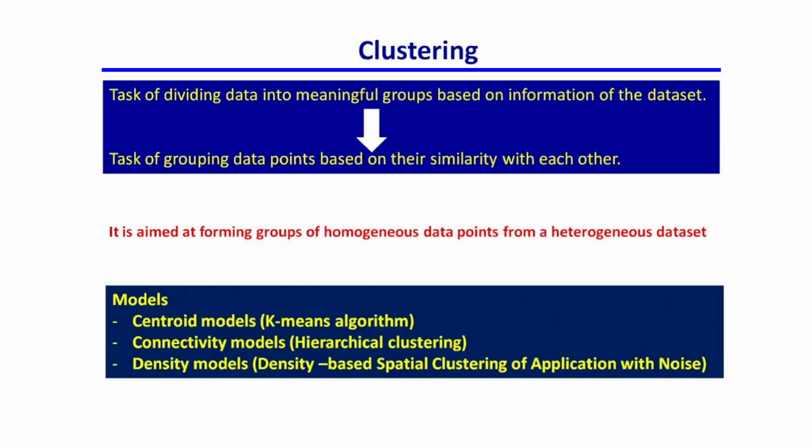Now, there are different types of models that exist for clustering. The first model we discussed in the last lecture is the centroid model, also popularly known as the K-means algorithm. You can also have connectivity models, or what is known as hierarchical clustering. We are going to discuss that in detail today. Remember, hierarchical clustering is very important for splitting the data into different clusters.